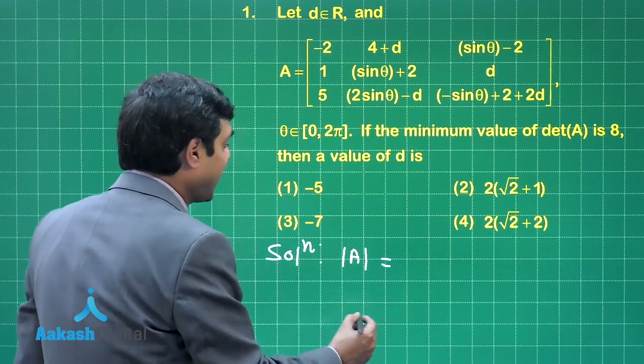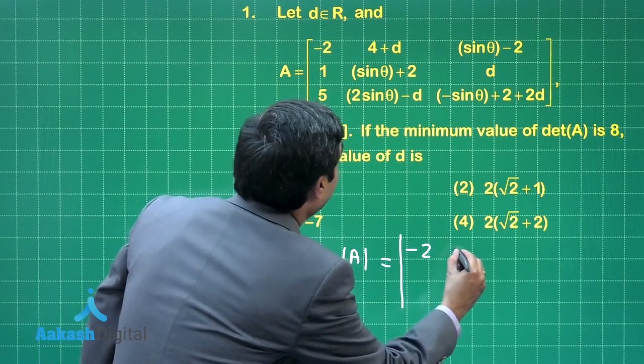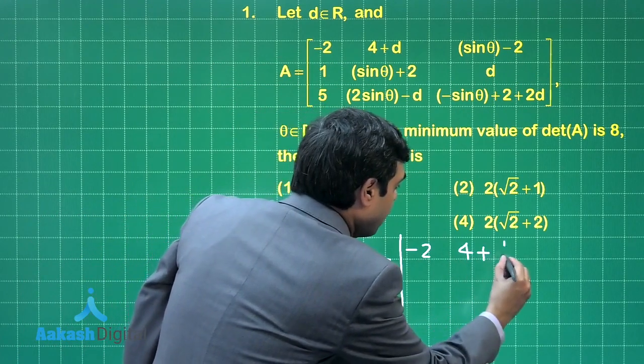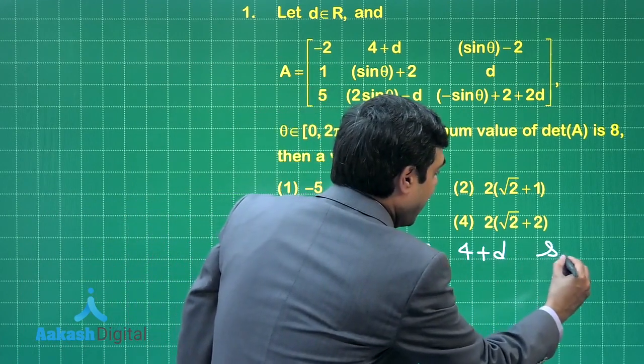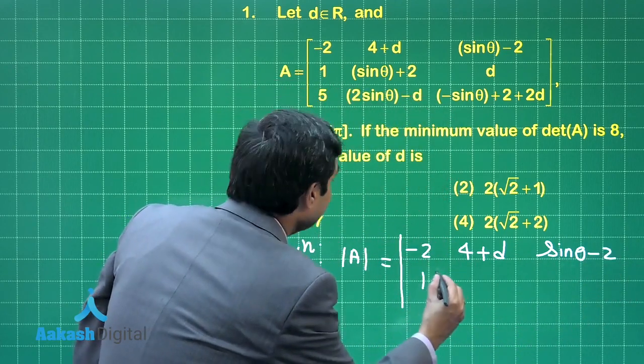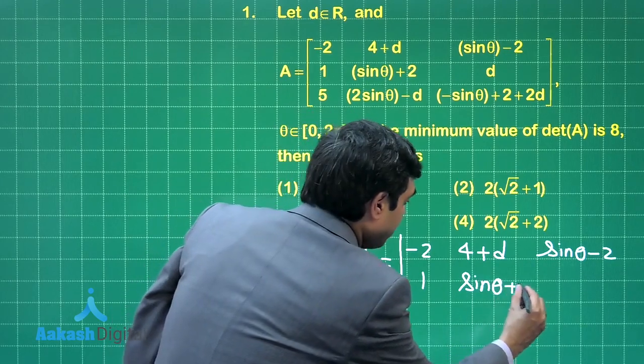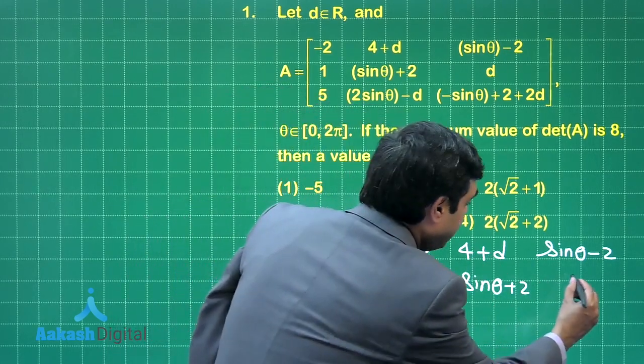So let's plan this kind of operation: first row as it is -2, 4 plus d and sin theta minus 2. Second row as it is, that is 1, sin theta plus 2, then d.